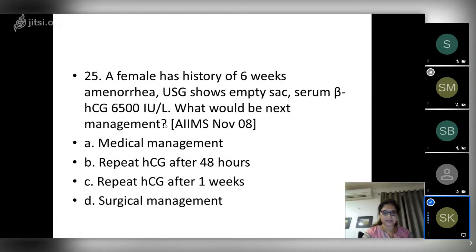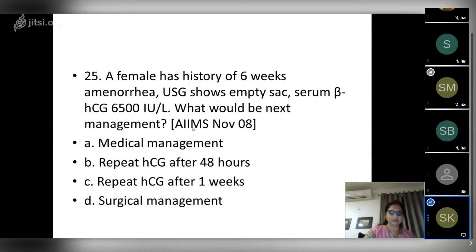So if you consider the diagnosis being the unruptured ectopic pregnancy, what kind of management would you prefer? Now that we have learned different aspects of each kind of management for ectopic, we have learned when we have to do expectant, when we have to do medical, and when we have to do a surgical management. So what would you want to do in this patient?